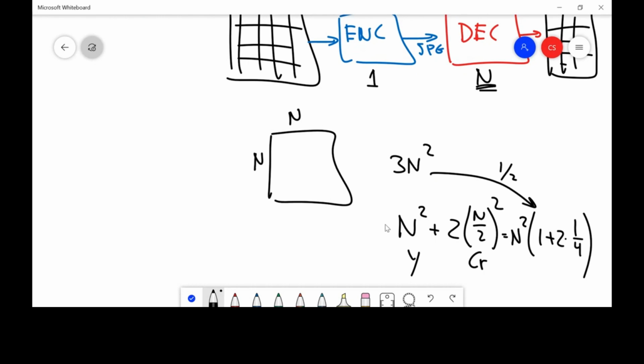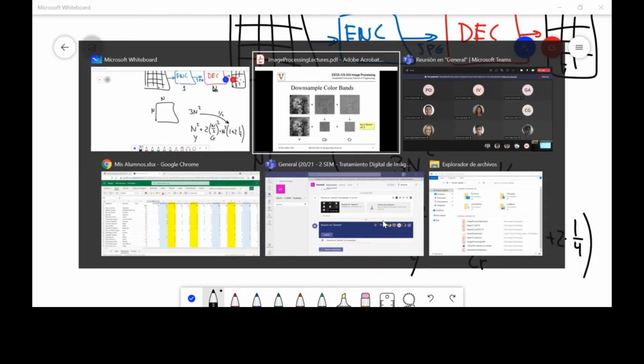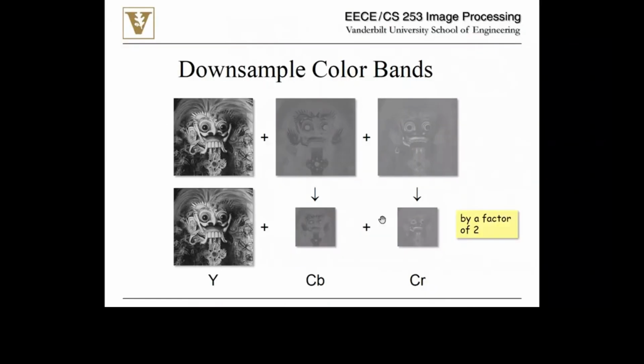Okay, so there are more details to that one. That detail is because the original numbers were unsigned integers, so they were occupying 1 byte per pixel, while these ones are now floating numbers, and they take 4 bytes per pixel.